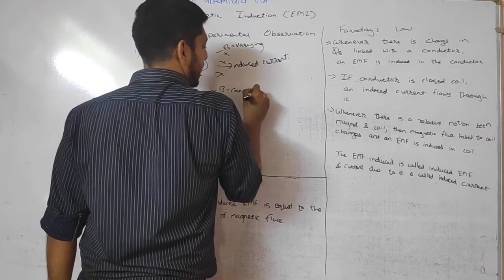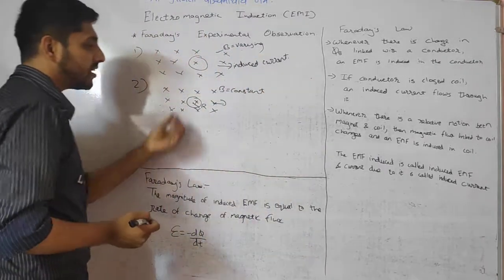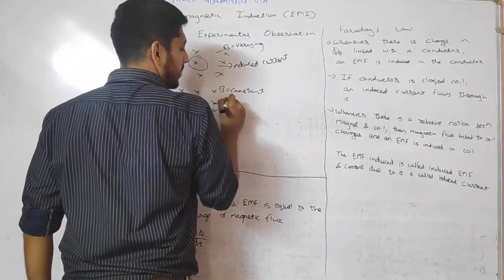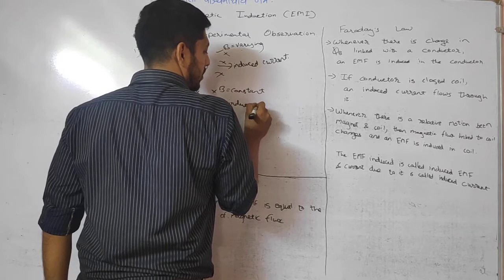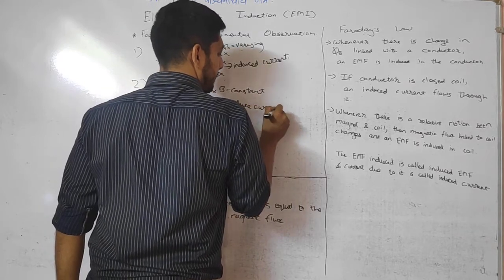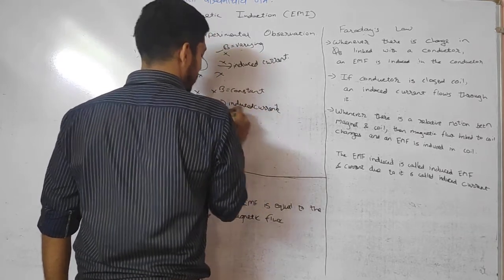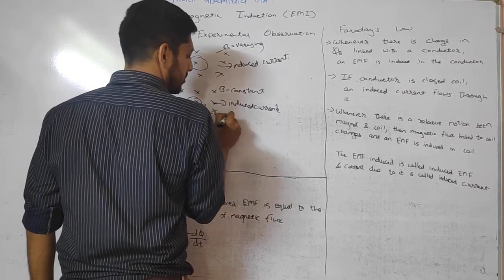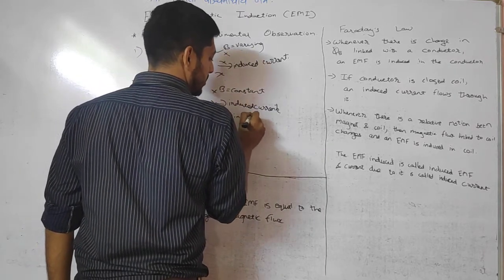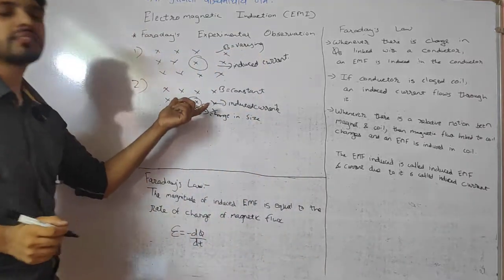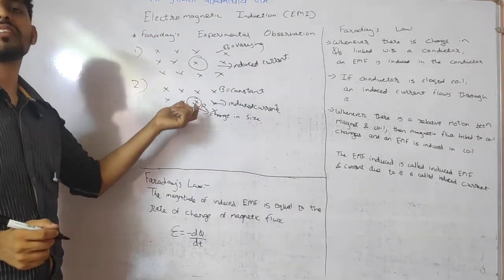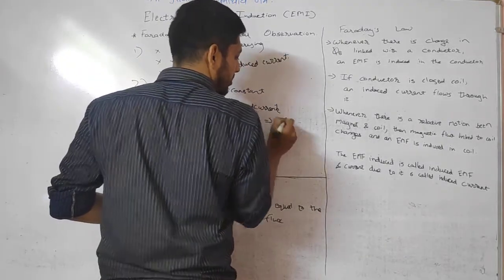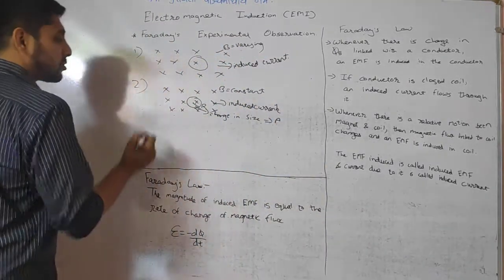He didn't change the magnetic field, but he changed the size of the conductor, and then also he found there was induced current. What does this change in size mean? If there is a change in the radius, then there will be a change in area. That was the second observation.